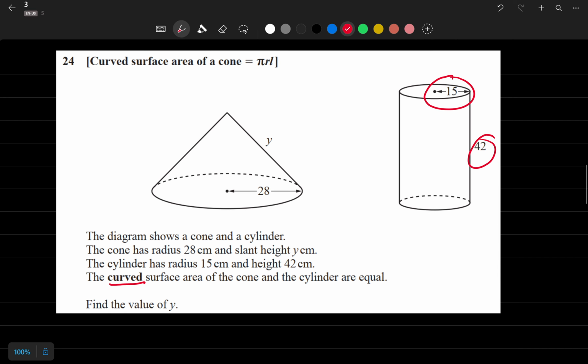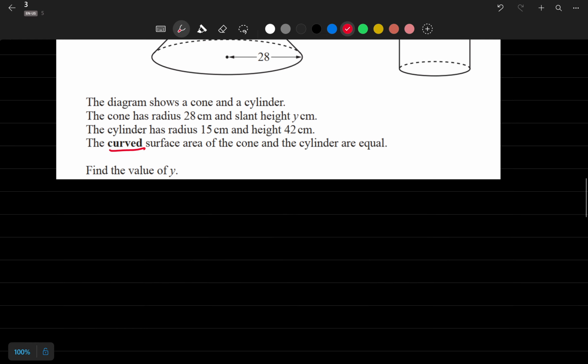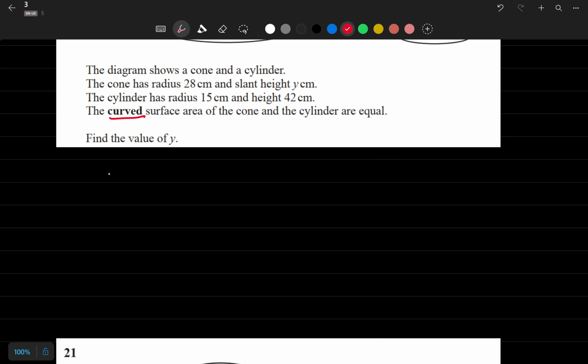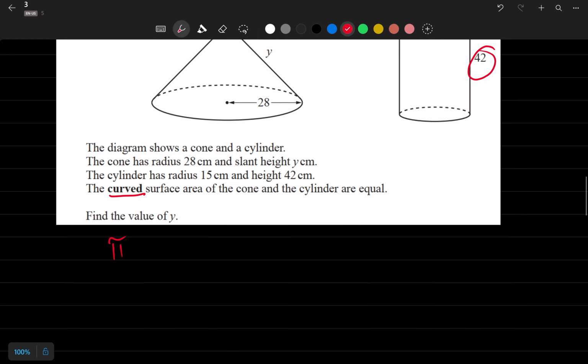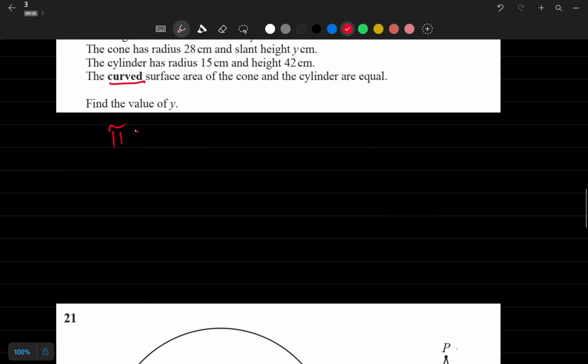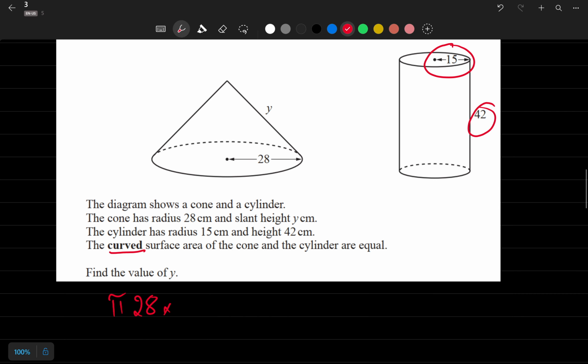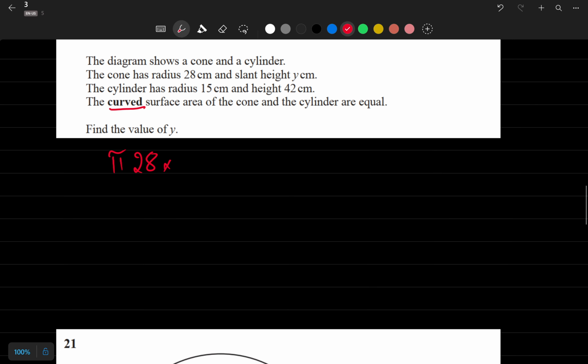So the curved surface area of the cone is given by pi rl. So pi, r is 28, and l is the slant height, which is y.